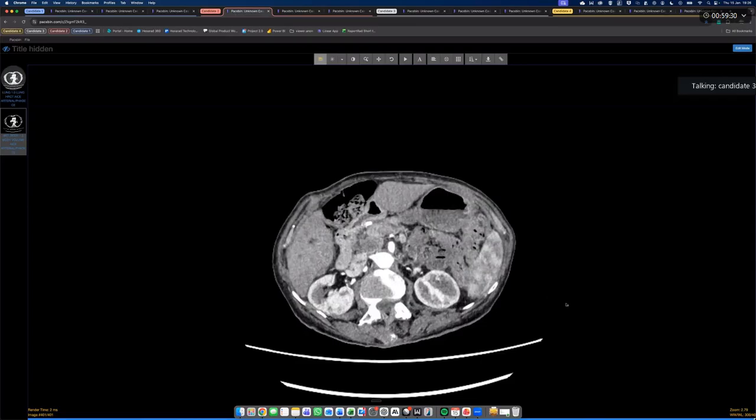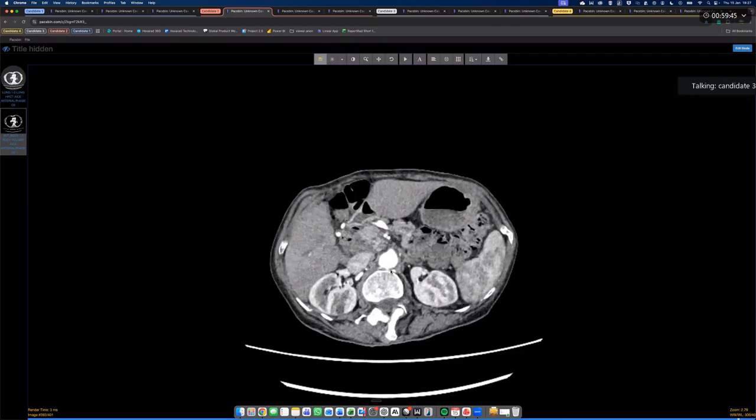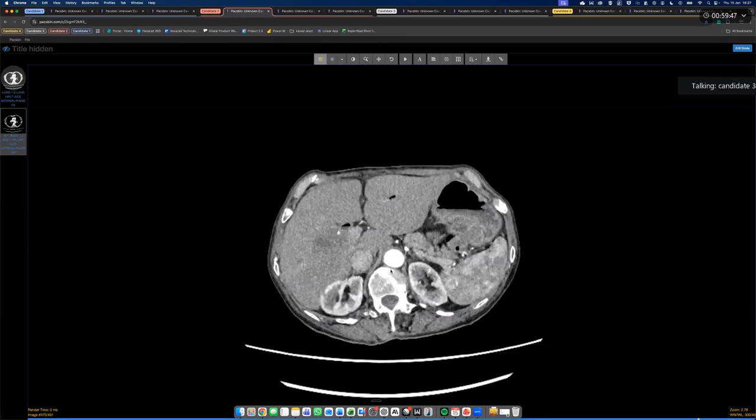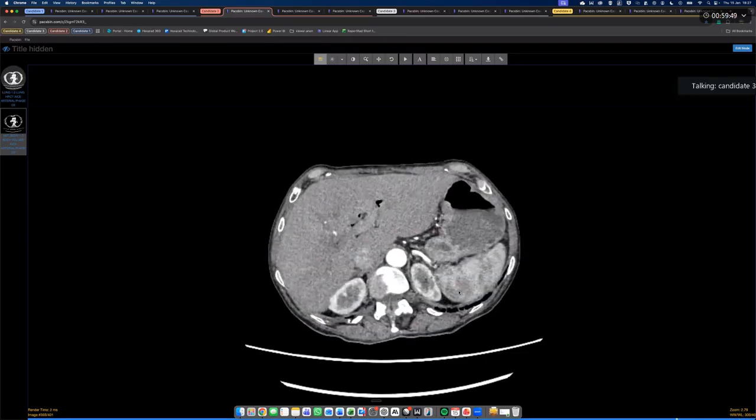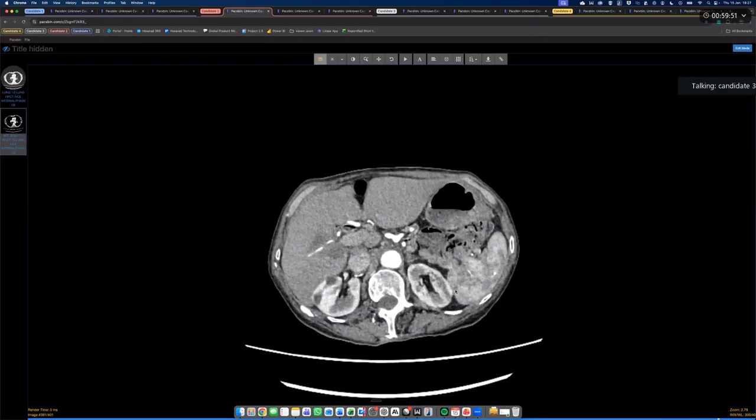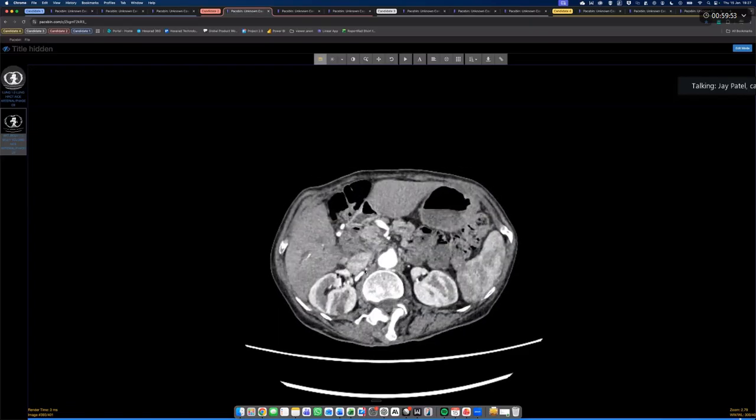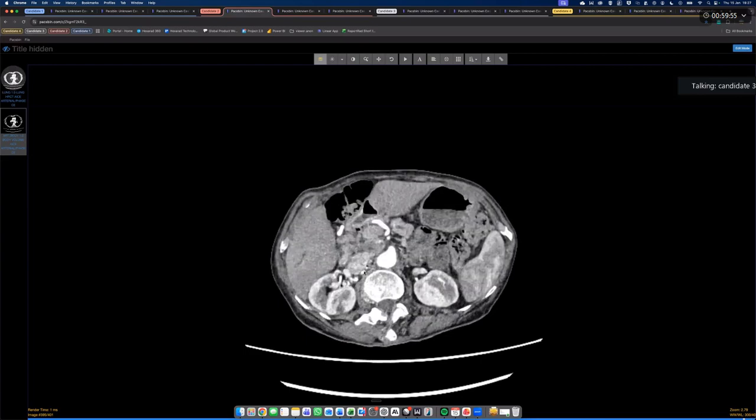I would just like to scroll again. First, I would like to focus on the liver pathology because there is something abnormal. I would like to look at the gallbladder initially to see if it is contracted or appears normal. I can see evidence of cholecystectomy clips, probably.